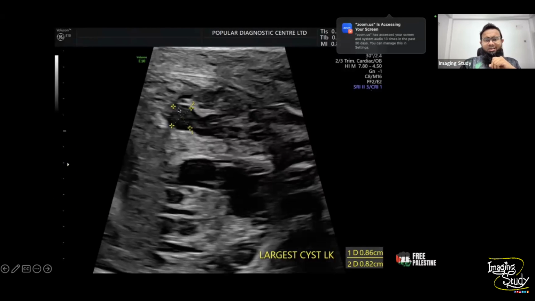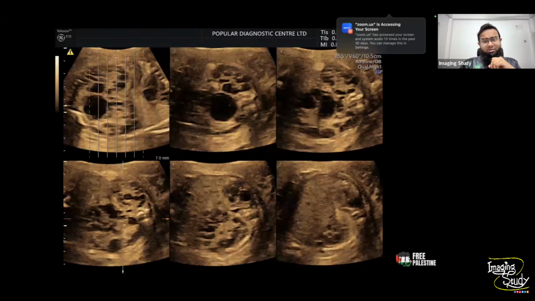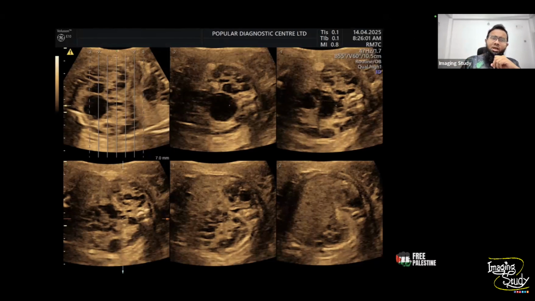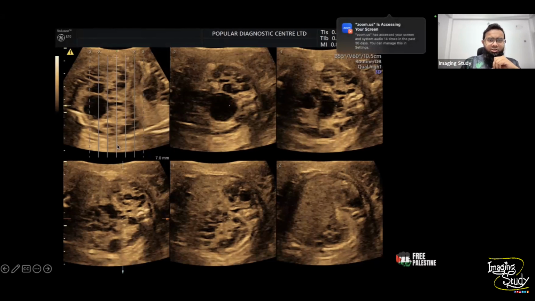We tried to measure the largest cyst, which is not important, but we measured just to make a report. Anyway, here's the picture we have taken with the 3D ultrasound. You can take multiple slices with tomographic ultrasound imaging mode. You can choose a cross section or long section or coronal section, whatever you want.